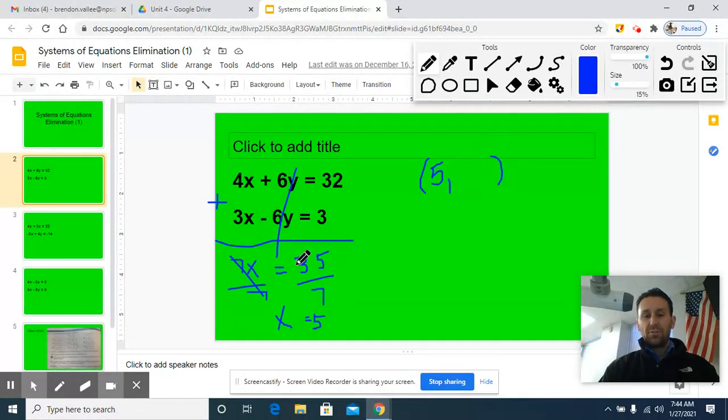So we would substitute that 5 in for x into either equation, that's fine. So 4 times 5 plus 6y equals 32. That's 20.